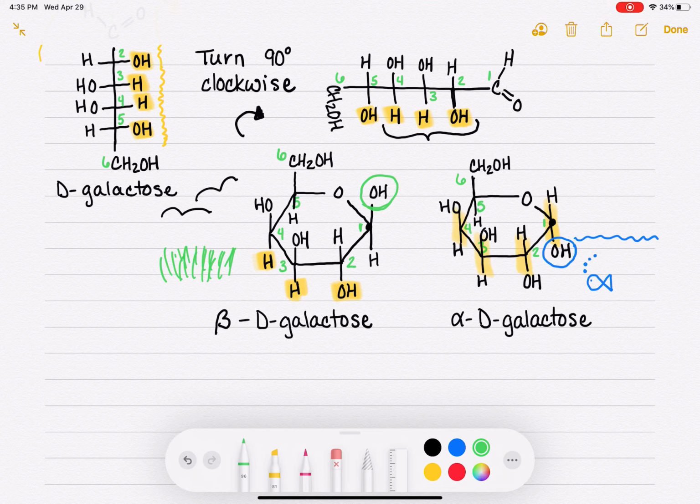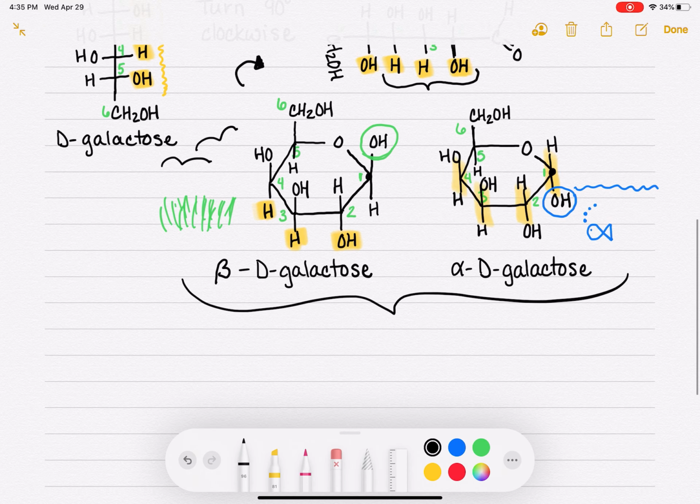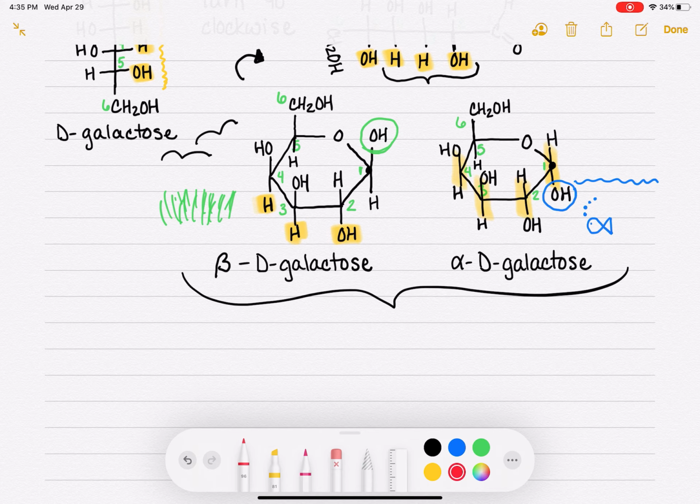These 2 different structures of D-galactose, the alpha structure and the beta structure, are called anomers. Anomers, that's a type of relationship. Anomers are the alpha and beta structures of a cyclic monosaccharide.